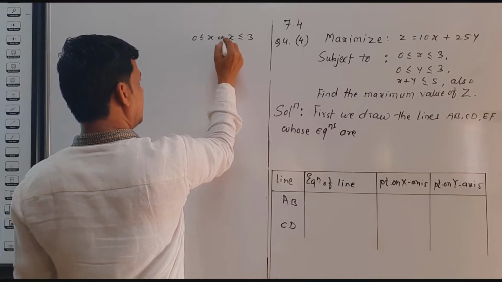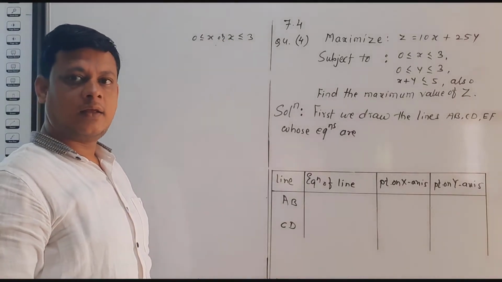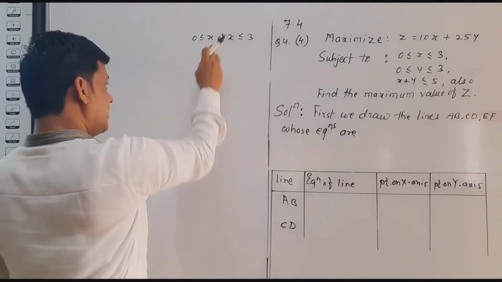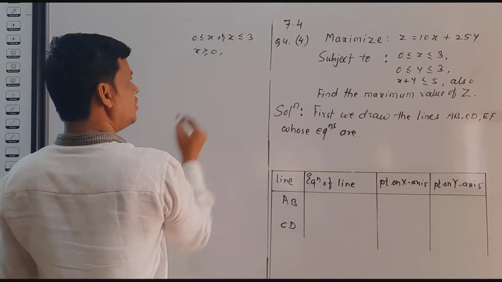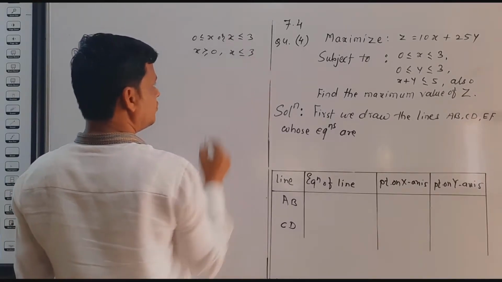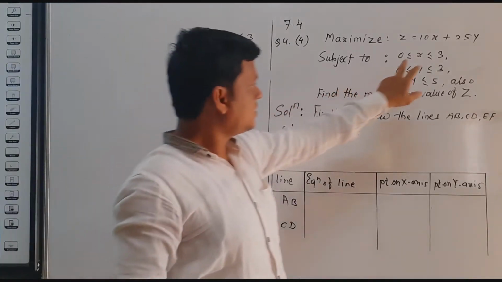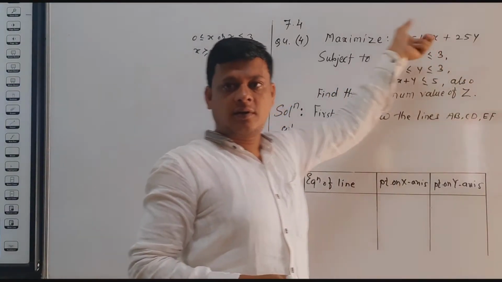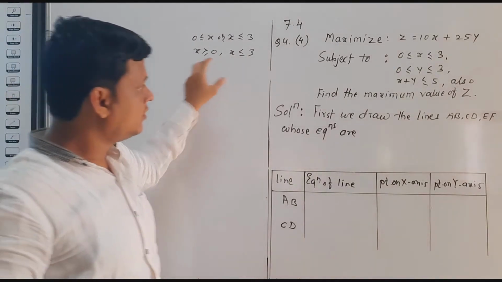So we can write this as 0 less or equals to x and x less or equals to 3. That means the first can be written as x greater or equals to 0 and x less or equals to 3. So we can split up this combined form into these two separate inequalities.